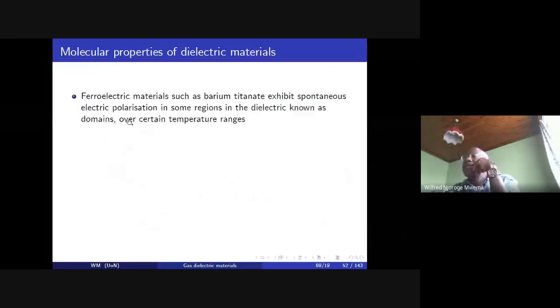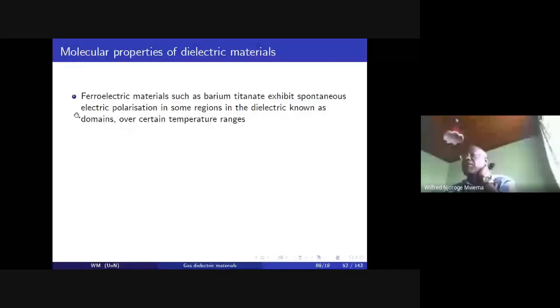For ferroelectric materials such as barium titanate, spontaneous electric polarization is exhibited in some regions of the dielectric, which are called domains. And you can remember the domains from the physics when you covered magnetic materials, which usually have domains with domain walls and the like. And this will be over a certain temperature range.